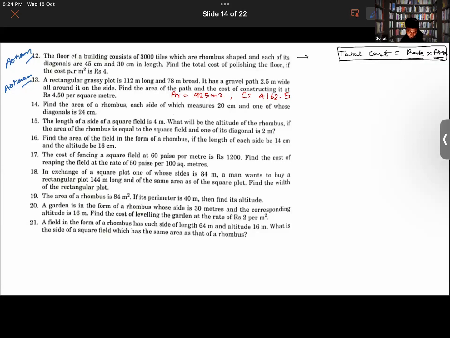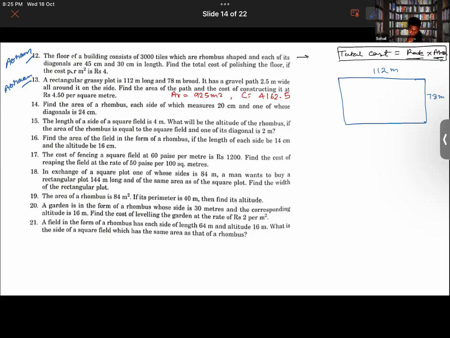So there's a rectangular grassy plot like this. The length is 112 meter and the breadth is 78 meter. Ahmed, look at question number 13. We are solving question number 13 right now.